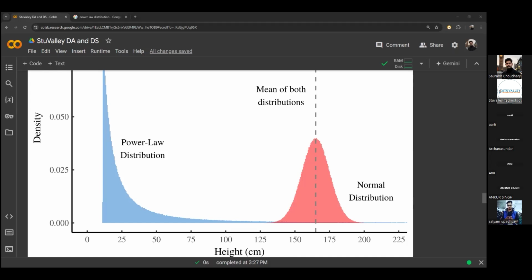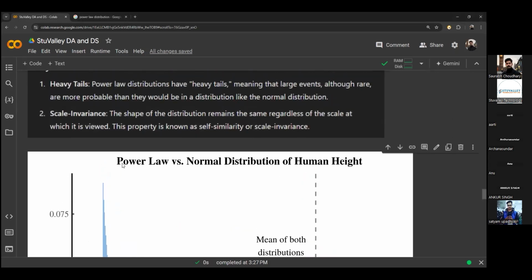Please share the real life events which is having a probability like this power law. एक तो मैंने बता दिया, it is wealth.